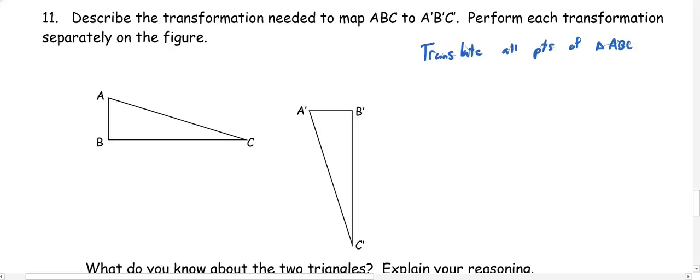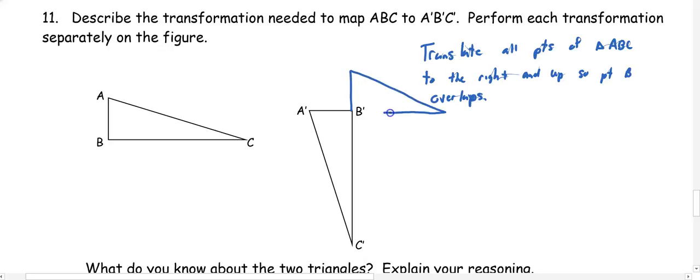And since we don't have a coordinate, we're just going to say what directions. So we're going to say to the right and up. So point B overlaps. So when I do that, I have my triangle here now with B, A, and C.